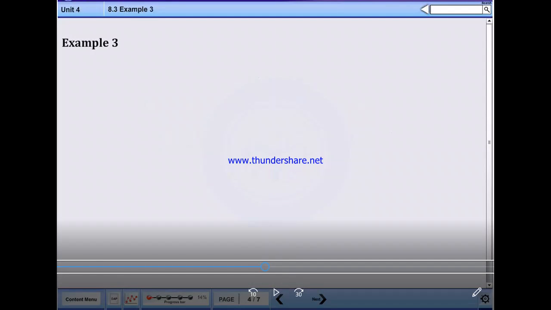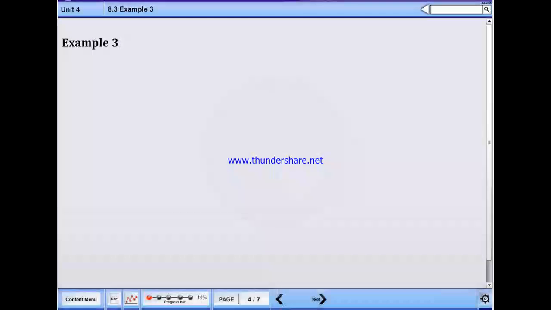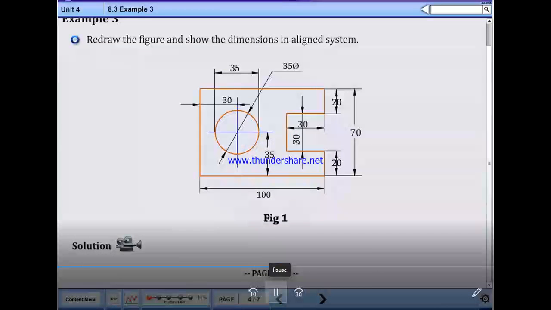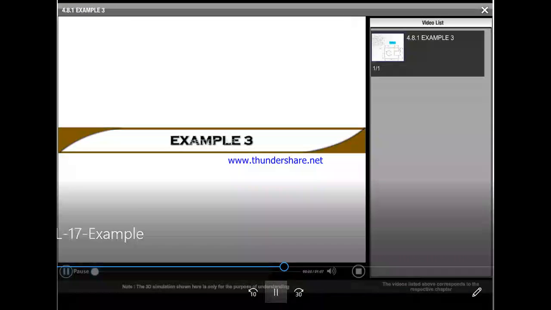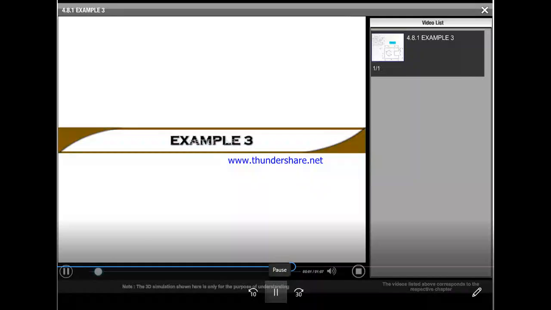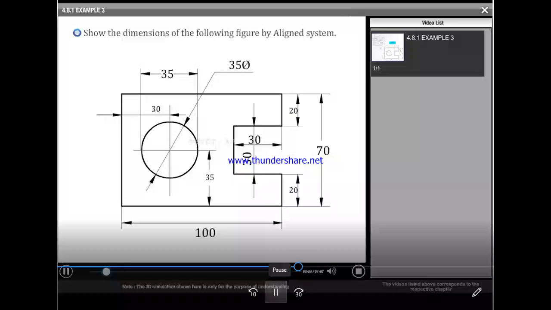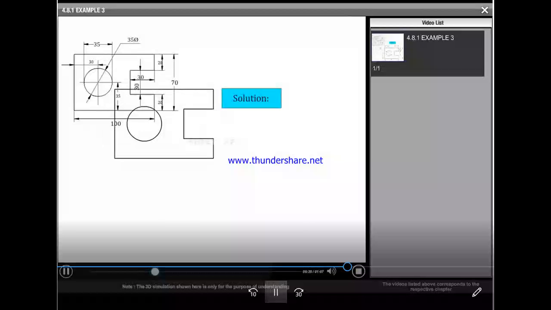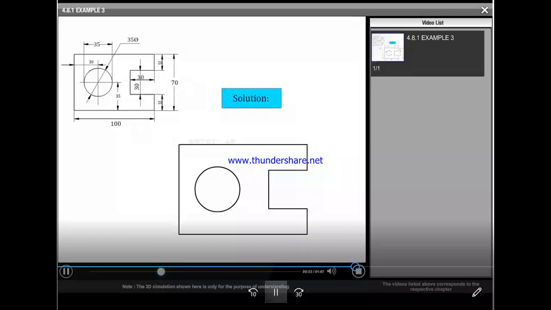And now we will see another example, that is example 3. Example problem 3. In this, a view with the wrong representation of dimensions is available, and the task is to redraw the view and to neatly represent the dimensions as per the aligned system. The dimensions are to be printed neatly as per the norm.